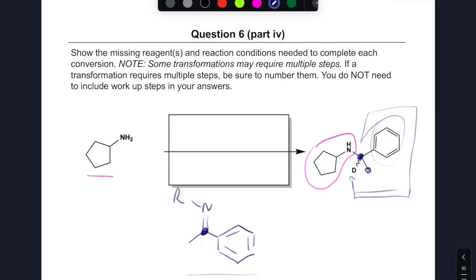Now if you just put these two fragments together, you would get this imine. That's not the product yet, but if you notice, this center here is our delta minus center, and as a result, if we took a molecule like D2O, D2O is equivalent to deuterium plus. That's going to locate itself on this nitrogen, because what we're doing here effectively is reductive amination, right?